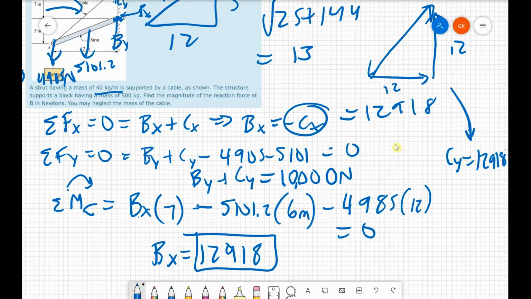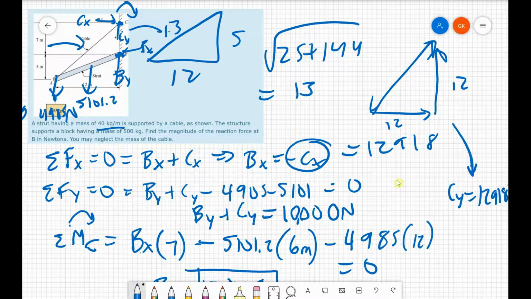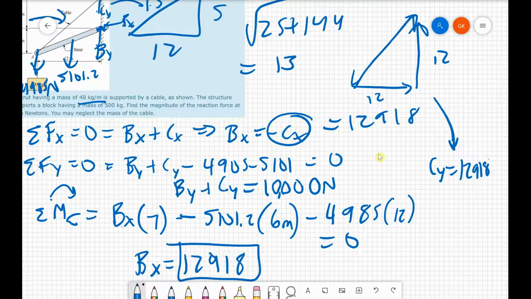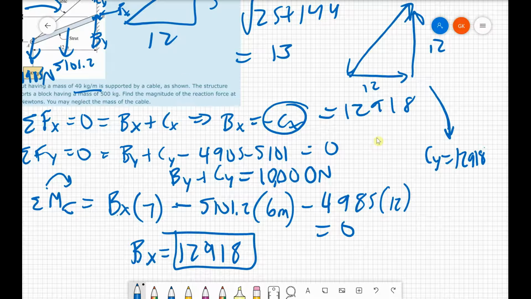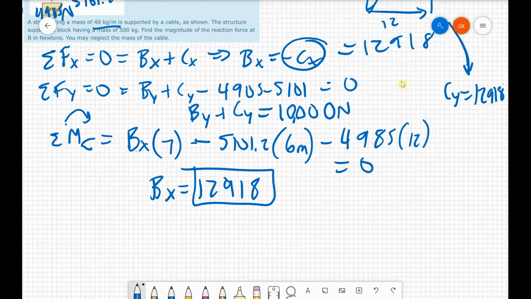Yes, it would be going up because it has to go the same direction as x. Because you can't push on a rope. Sorry.